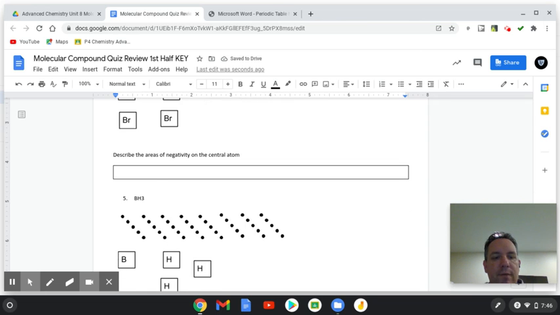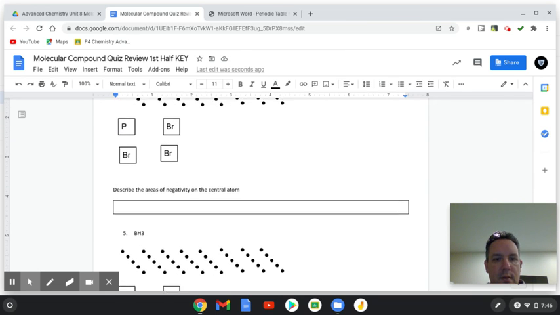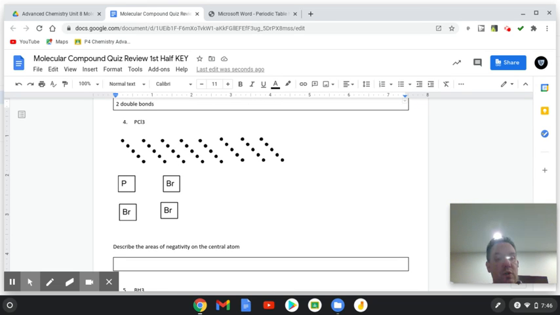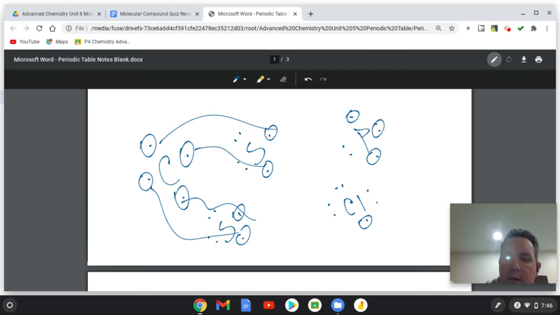Now for the next few, I'm just going to draw the sketch, and I'm going to let you guys complete the rest. So PCl3, phosphorus has 5. Cl, Cl, Cl.